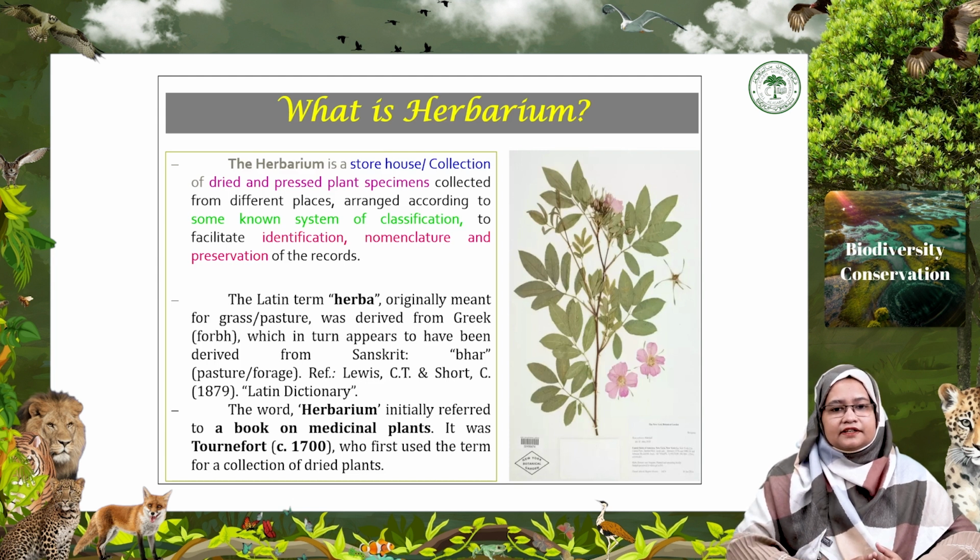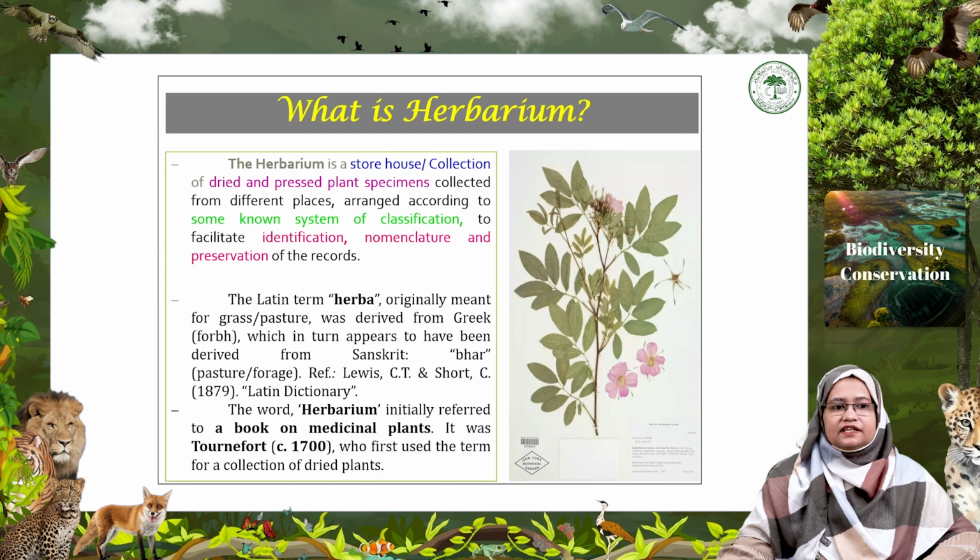So, we can say that a herbarium is essentially a library of plant specimens, a storehouse, that is, a collection of dried and pressed plant specimens collected from different places and arranged according to some known system of classification to facilitate identification, nomenclature and preservation of the records.